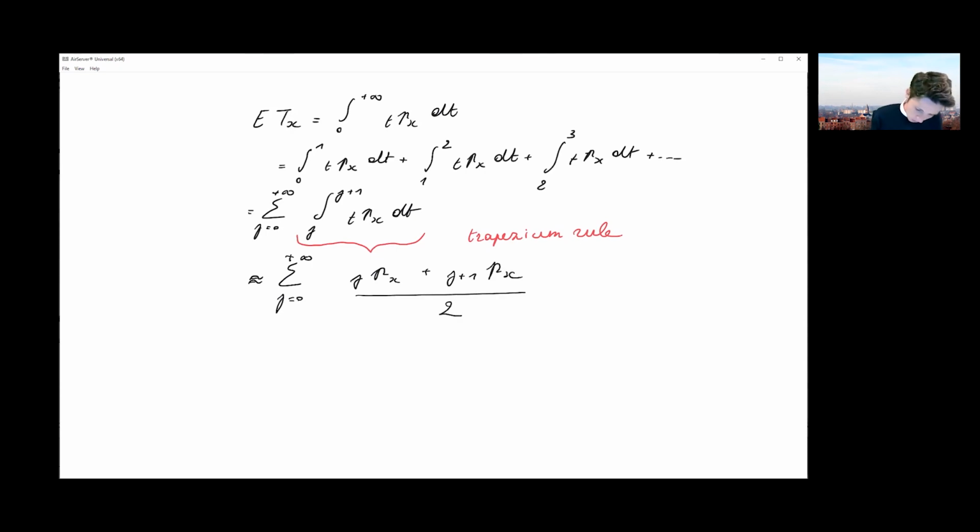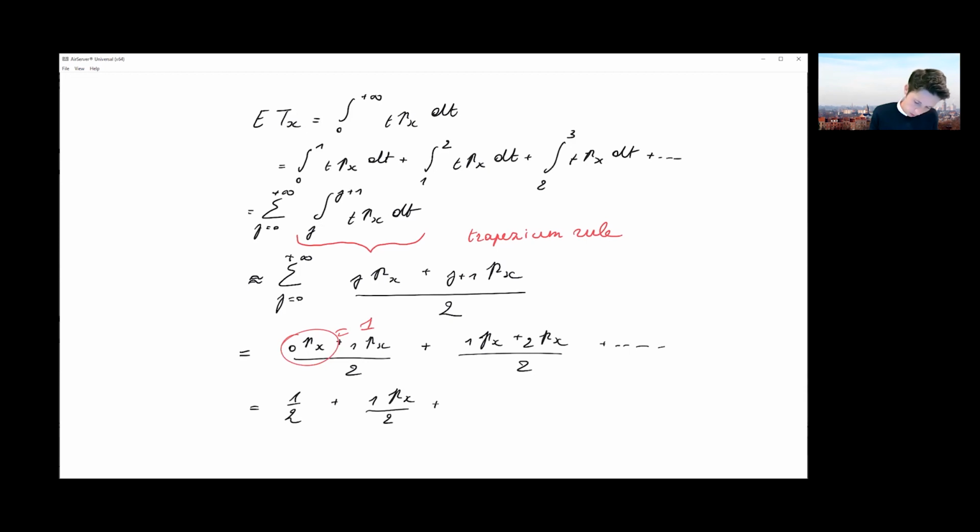And what I can then do is write this in full: 0px plus 1px divided by 2, and then 1px plus 2px divided by 2, and so on and so forth. And this 0px is equal to 1, right? So if I work out this expression, I'll get 1 over 2 plus 1px divided by 2 plus 1px divided by 2 plus 2px divided by 2, and so on and so forth.